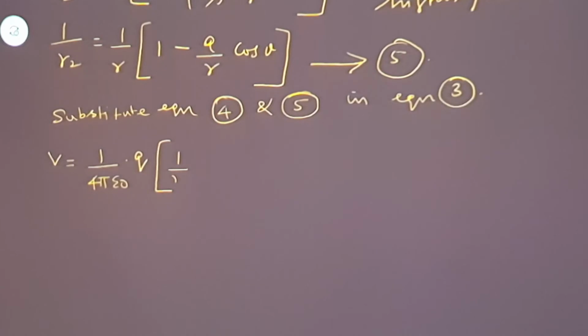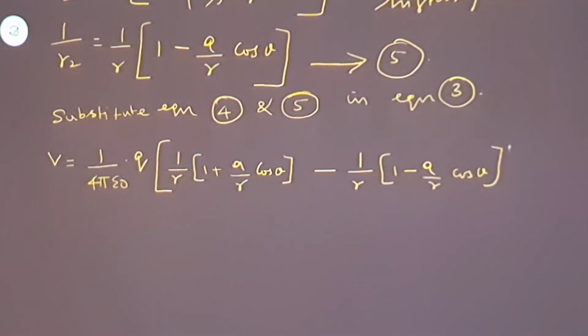Fourth equation is 1 by R into (1 plus A divided by R cos theta). You look at your notebook in the previous page. Minus, then 1 by R2. 1 by R2, I am substituting equation 5. Again, 1 divided by R into (1 minus A divided by R into cos theta).